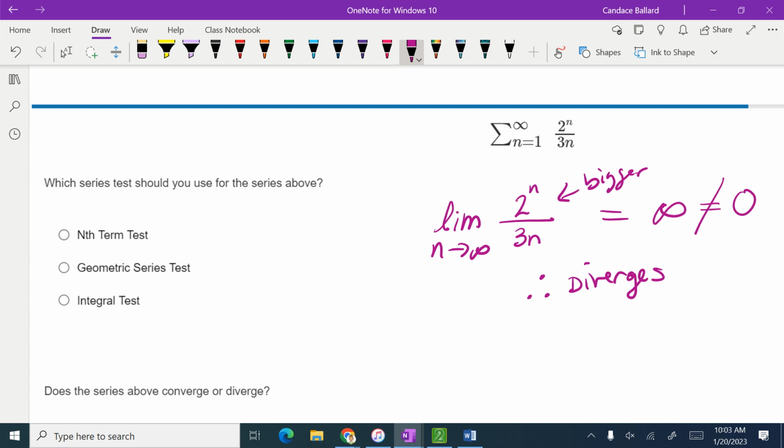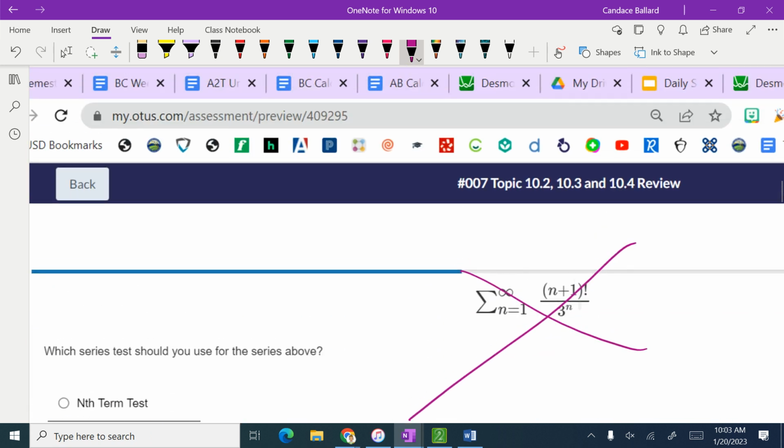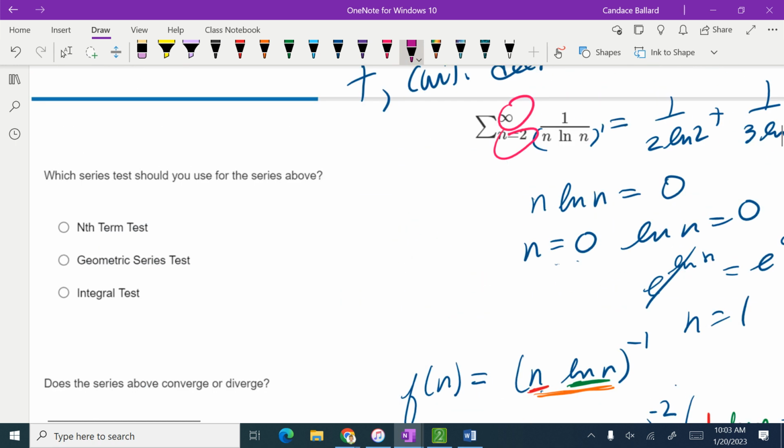Okay? So how do we know when to use nth term versus integral test? If I tried nth term, because that's exactly what I did on this one up here, the one with the natural logs in it, I went nth term first.